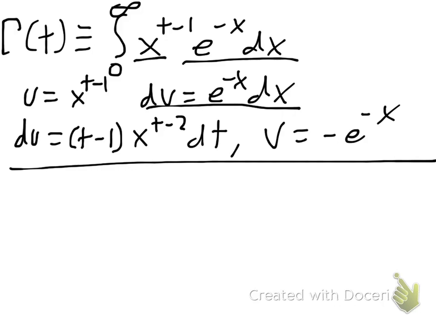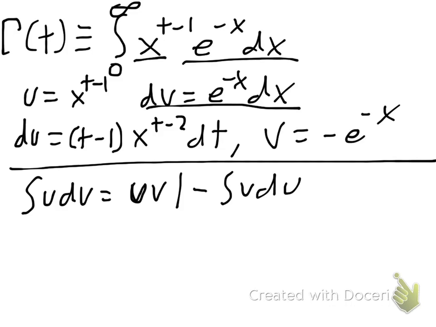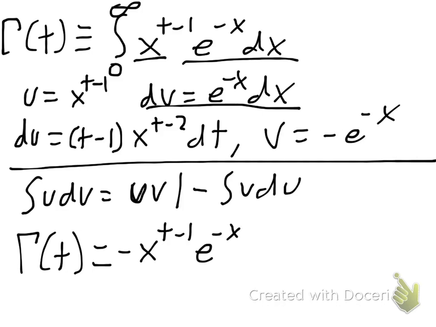Then using integration by parts, the gamma function should be equal to u times v, so we do u, which is x to the t minus 1, times v, which is minus e to the minus x, evaluated at our limits of integration, 0 to infinity, minus the integral of v du.